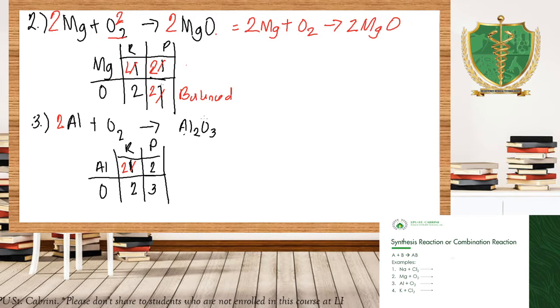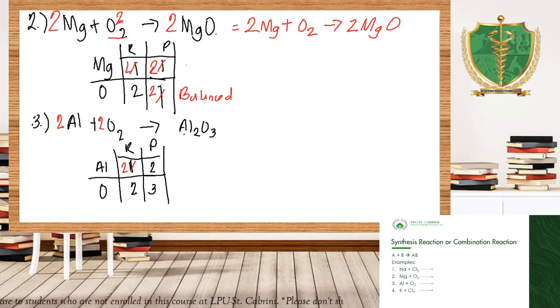So what number should be written as a coefficient in order to have a balanced equation for oxygen in the reactant and in the product? If we will add here 2, 2 times 2 will be 4. Hindi po siya pwede because this is 3.